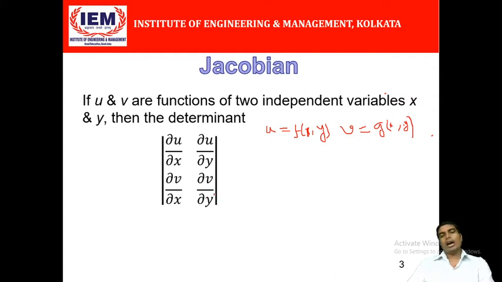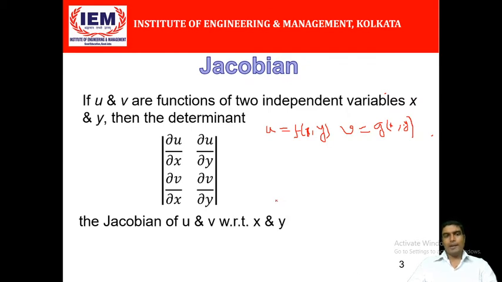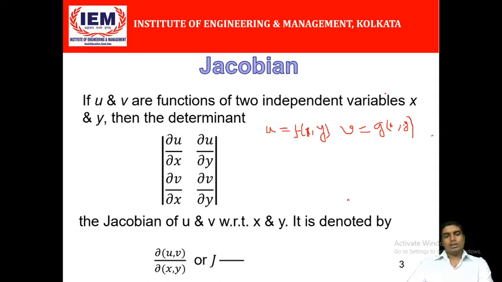And how can we denote this Jacobian? We can denote it using the J symbol. The Jacobian will be denoted by J of (u,v) divided by (x,y), or by del(u,v) by del(x,y).